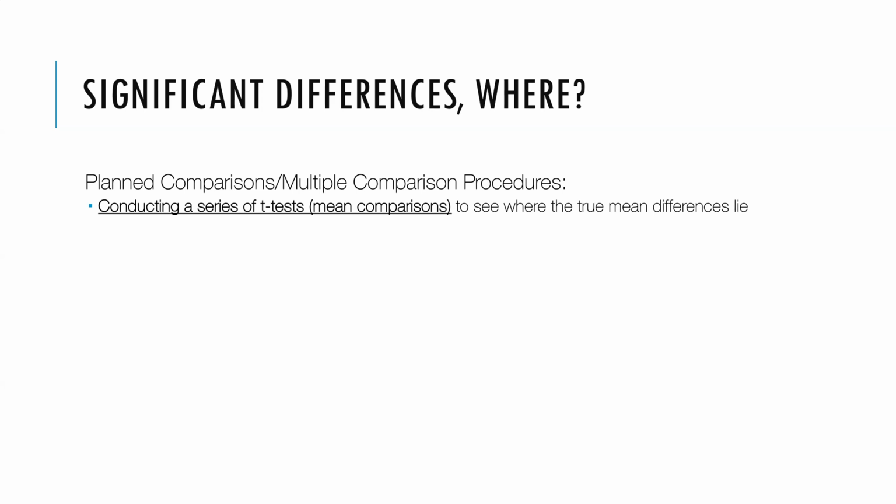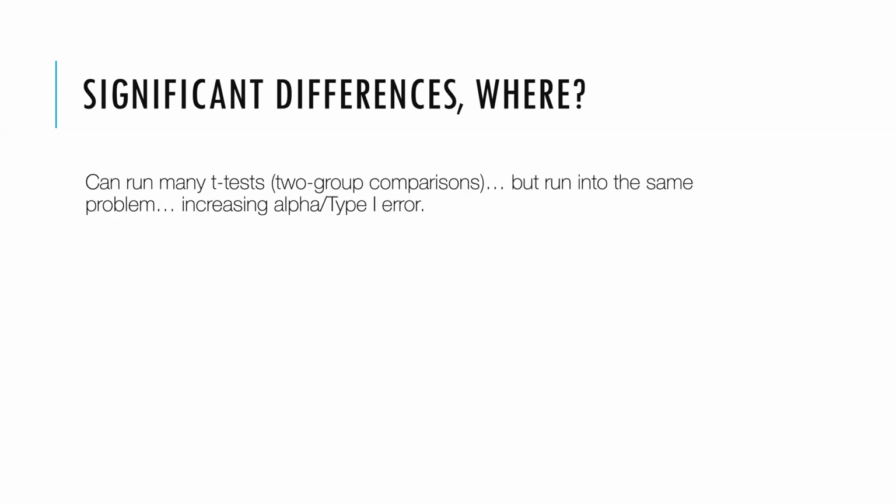The omnibus test is the actual analysis. The post-hoc comparisons are going to be t-tests similar to what we wanted to do, but they're just following up. So we can run a series of two group comparisons, but again, we still have that problem of type 1 error, saying that a difference does exist when one doesn't.